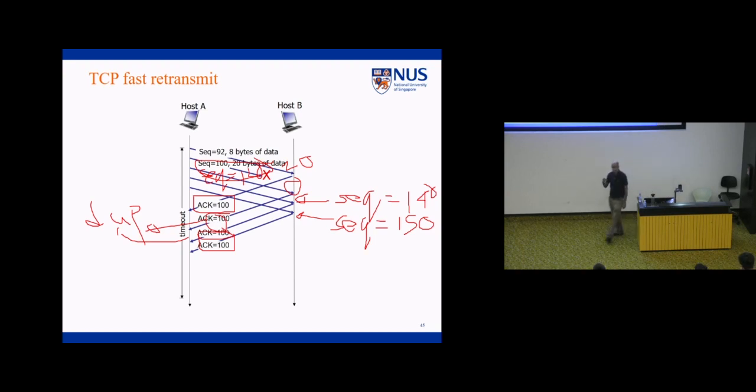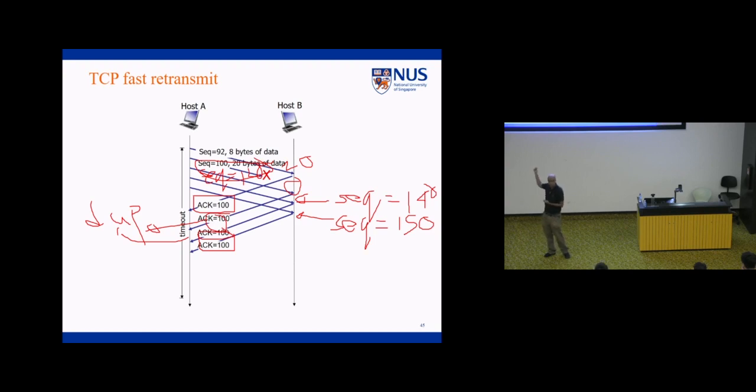Now, if you think about it, at the sender side, at A, it says, all right, I sent a packet with 92 that was received correctly. Then I sent many packets. Some of them were received correctly, right? Because that's the reason I'm getting this acknowledgement. First time I got the duplicate acknowledgement, I can think, oh, maybe my actual packet with 100 is taking a longer route, so it's going to take a little bit more time to reach.